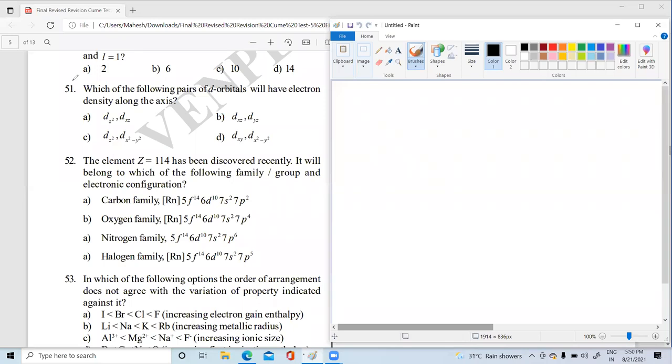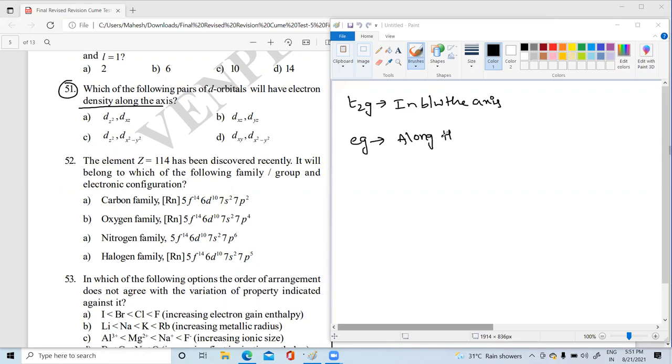Next students, question number 51. Which of the following pairs of d orbitals will have electron density along the axis? Along the axis will be for the eg orbitals, and in between the axis for the t2g orbitals, where the lobes are located in between the axes. The eg orbitals have the electron density present along the axis.